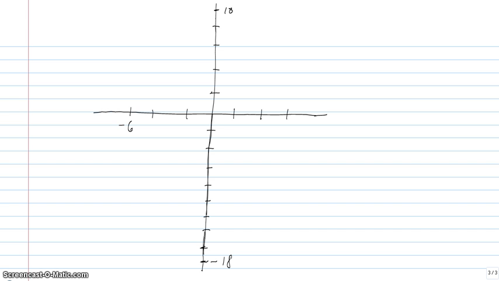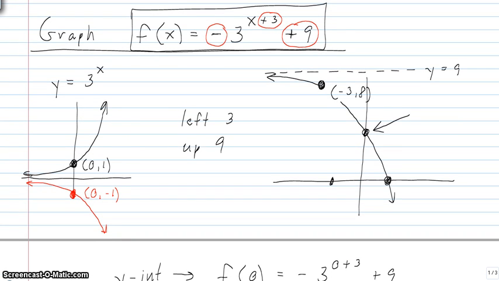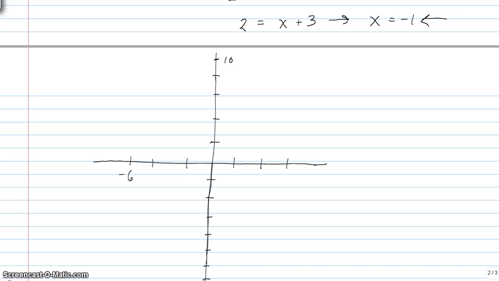My graph still isn't perfect because my artwork is poor, but this will be much more precise than that original graph. So my one point of reference was -3, 8. So that would be about right here.